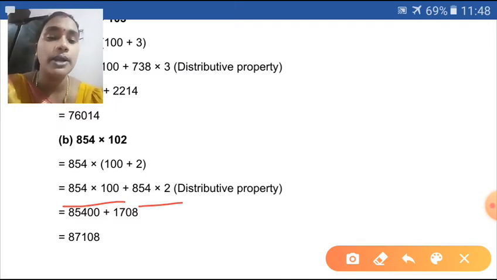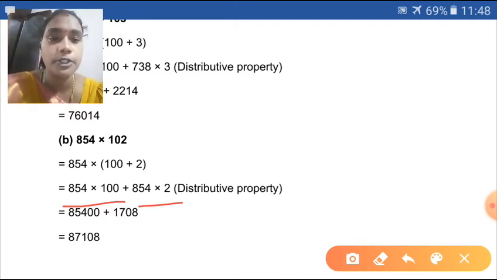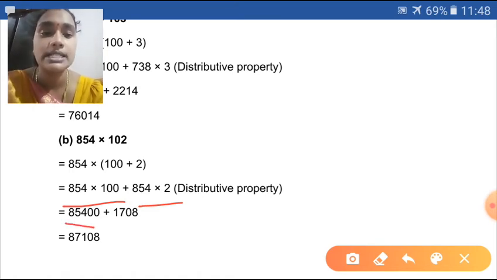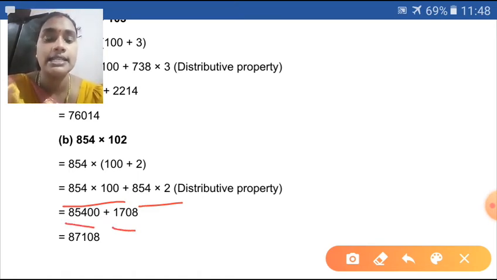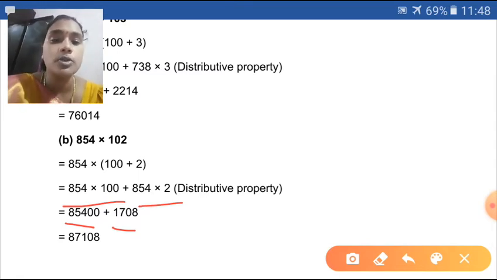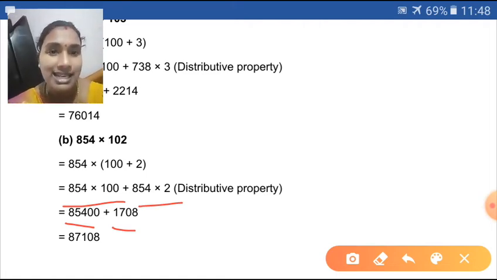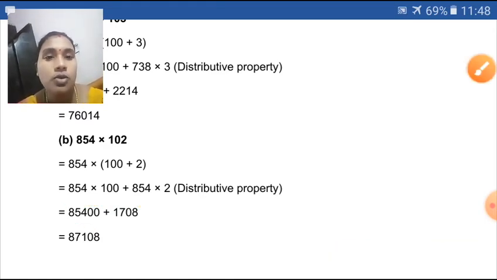Now it's easy to find 854 into 100, which gives you 85,400 plus 1,708, that is 854 into 2. Now when you add, you get 87,108. Did you understand how to use the distributive property to find out the answers? Yes? Okay.